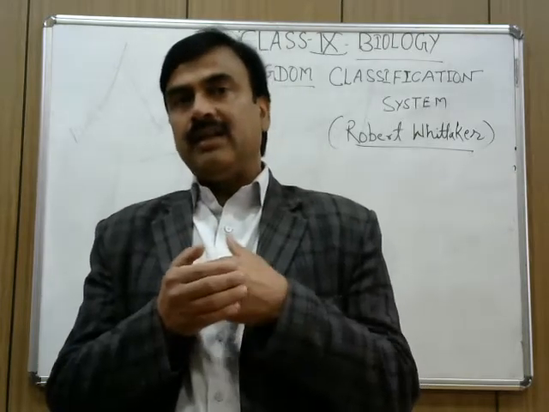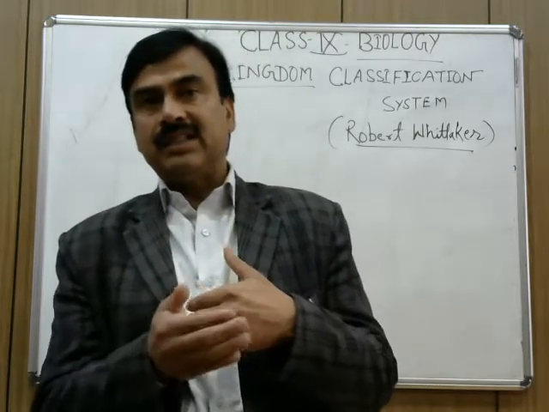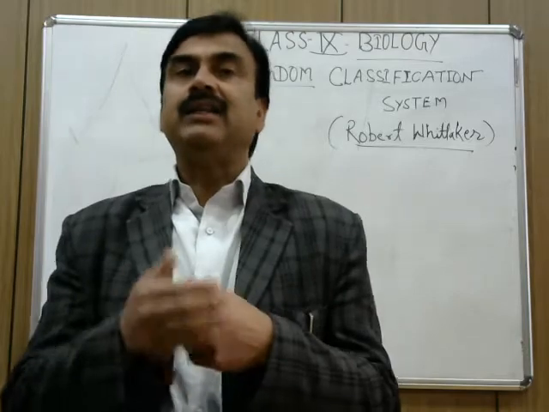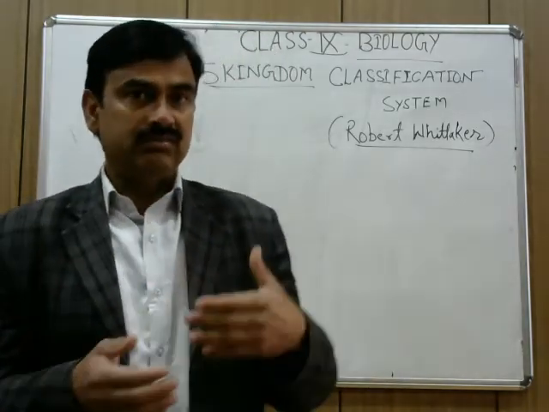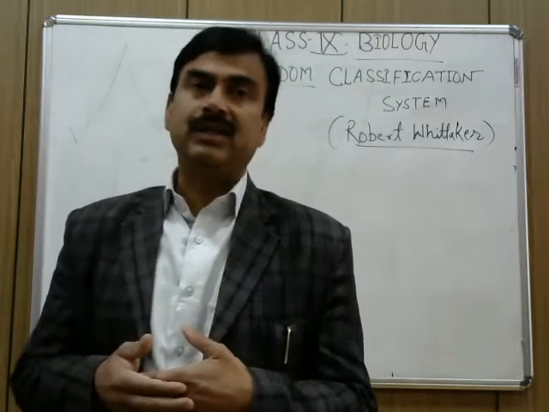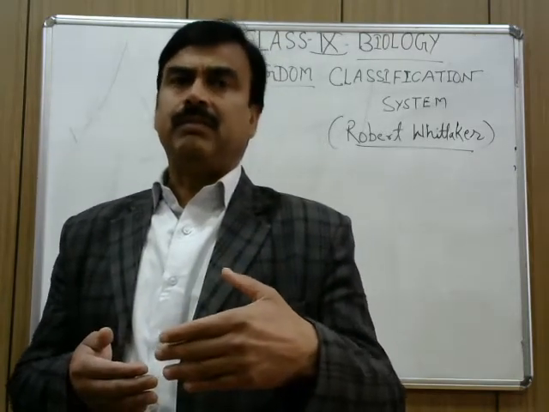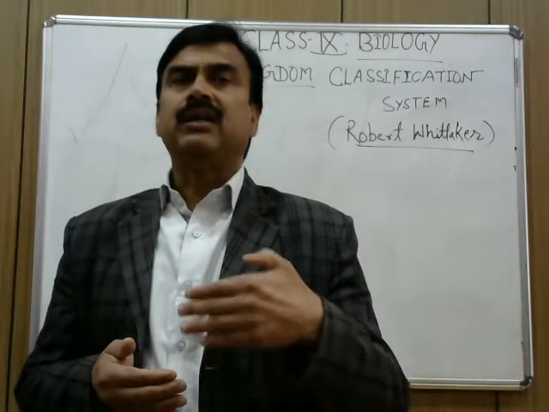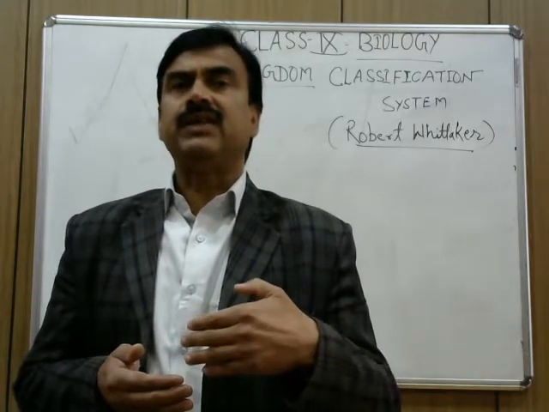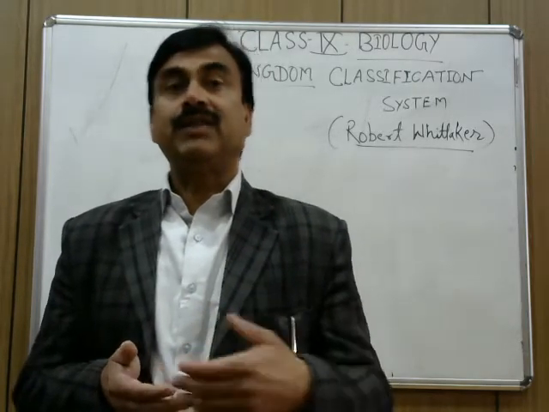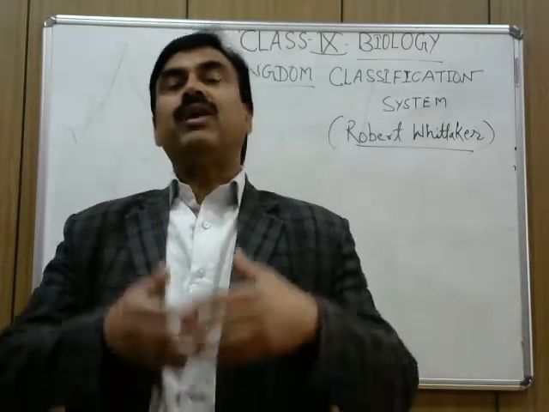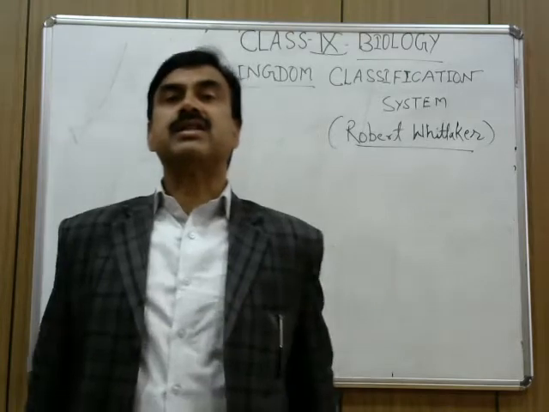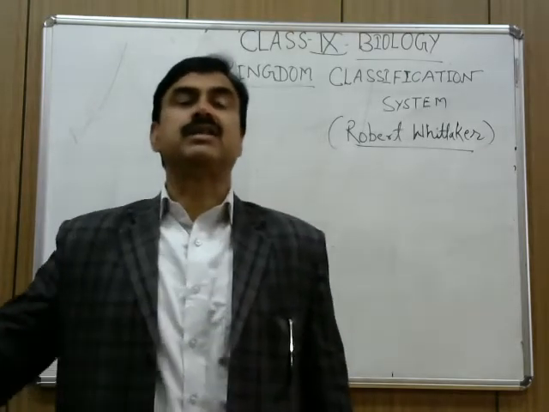So when we completed the first part of classification, the introductory part, I mean the definition of classification and the definition of binomial nomenclature with examples, we moved on to the different classification systems given by different scientists.